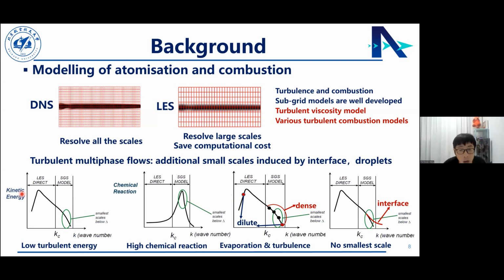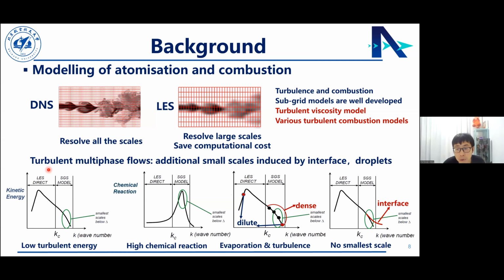Well, when the chemical reaction occurs, we will see the chemical reaction energy, most of it is in the subgrid model. Then we know the chemical reaction occurs at very small scales.